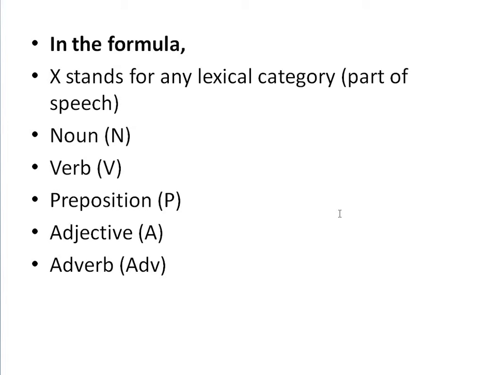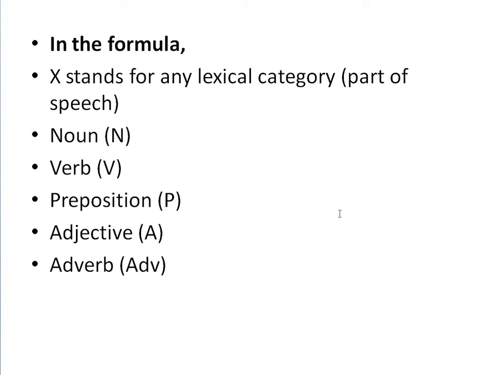Here in the formula, X stands for any lexical category. Any lexical category means any part of speech. So X stands for any part of speech, that is either noun, verb, preposition, adjective, adverb, conjunction.